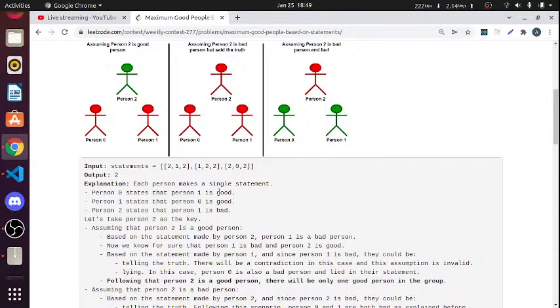And we have assumed, based on the statement made by person 2, that person 1 is a bad person.